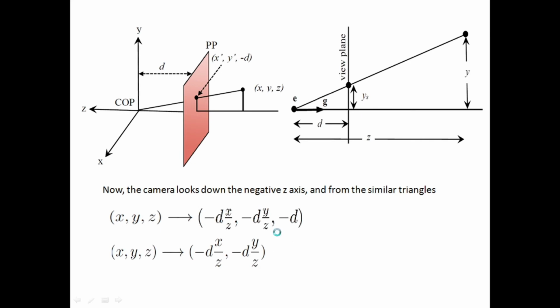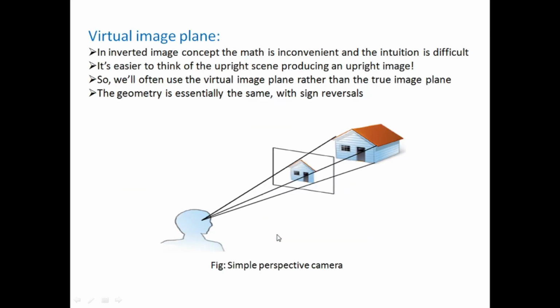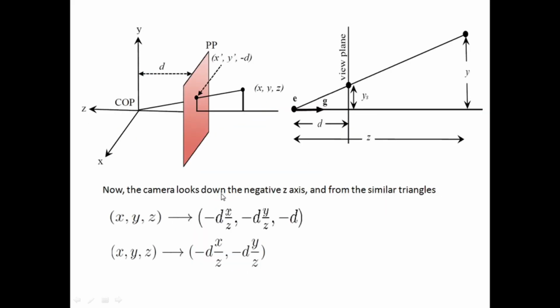I have said that everything will be the same except the geometry will take its sign in the reverse way. In the pinhole camera concept I took it as positive, but here I get negative because it is looking towards the negative z axis.